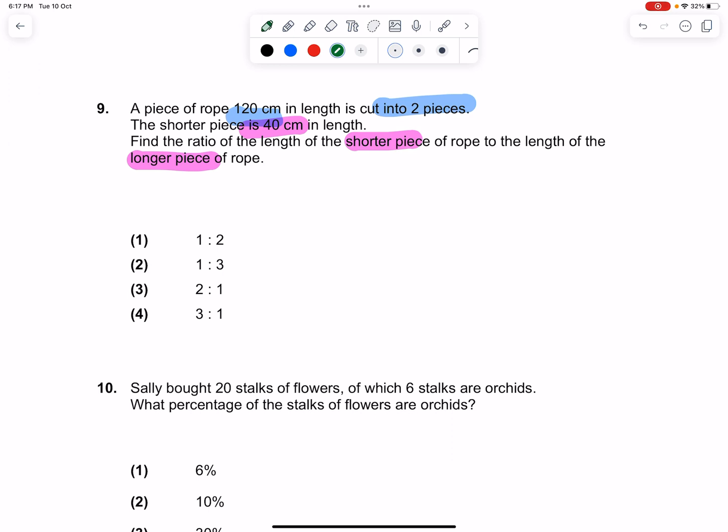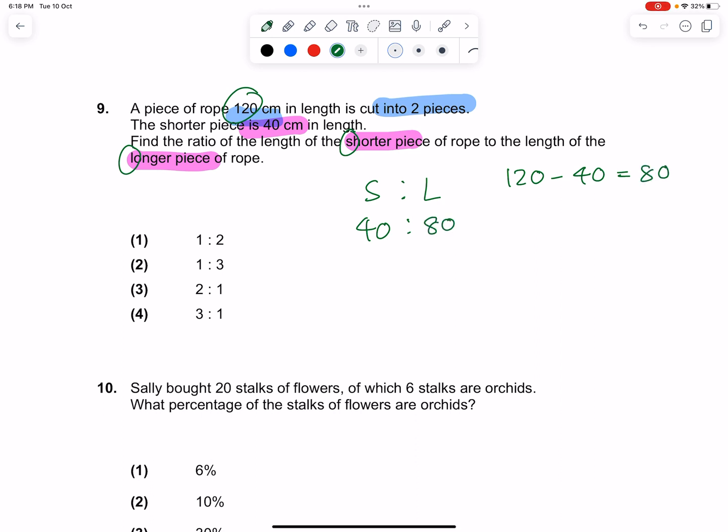The first one they mentioned was shorter piece to longer piece. So S is to L. S is 40, so what is L? Remember, the total length is 120. To find the length of the long one, I will subtract away the 40, and that will leave me with 80.